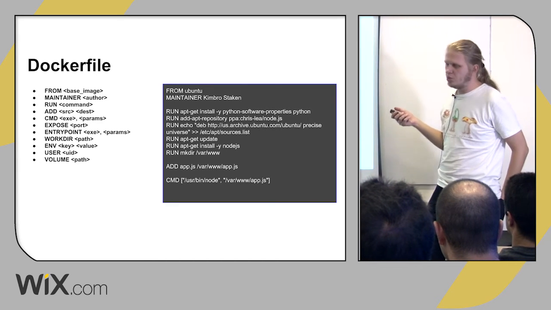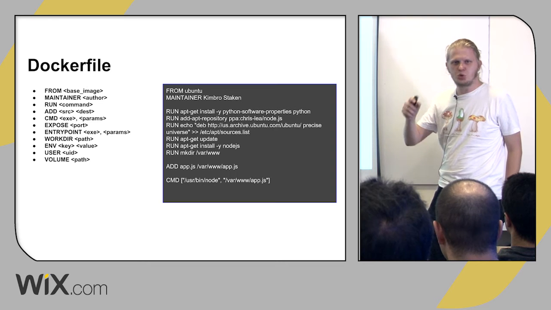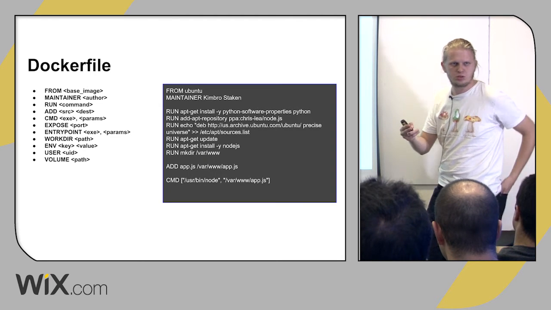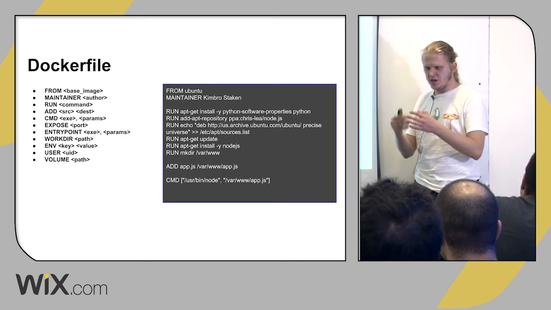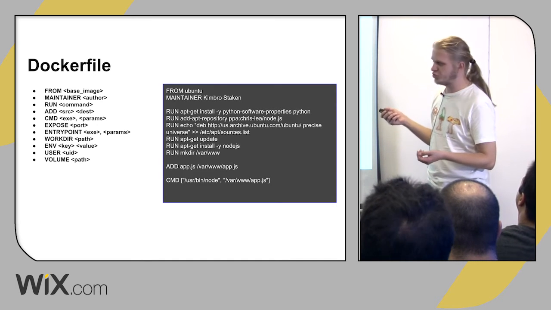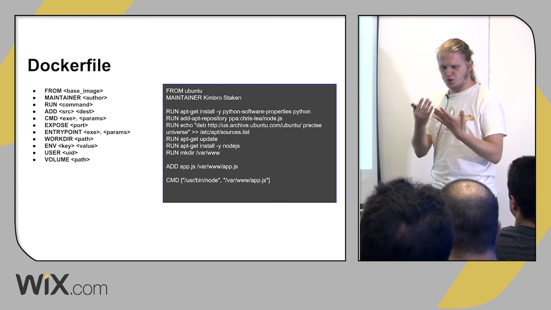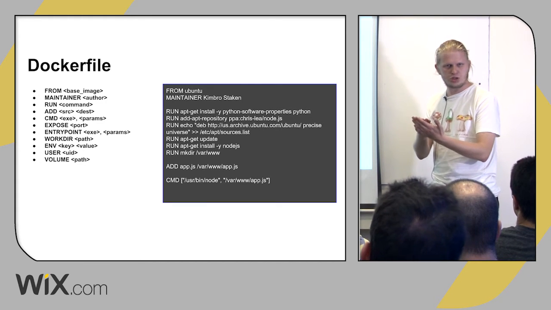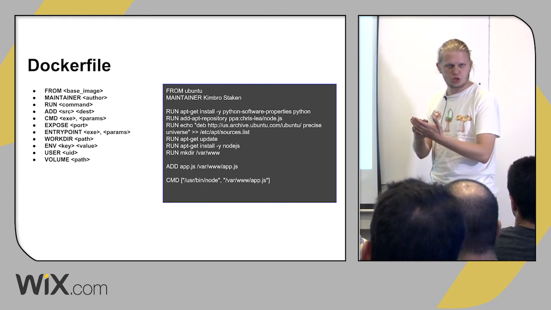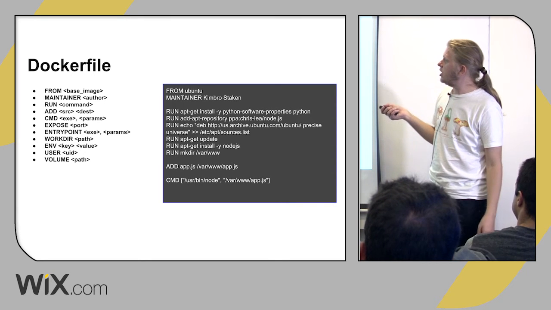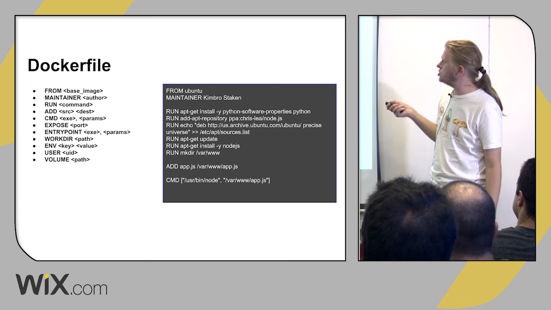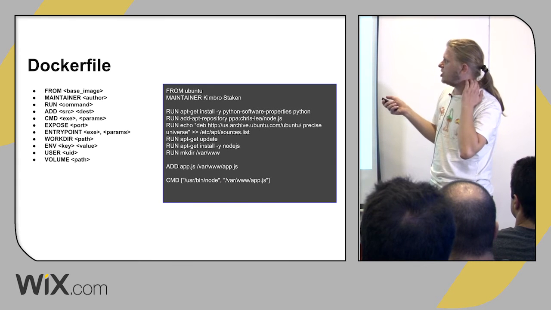FROM means the image you inherit from. As I told you, it's all based on inheritance and diffs. So you inherit from Ubuntu. It means that when you start building, you get a fresh, latest Ubuntu image with nothing running, nothing installed, and you install whatever you want.